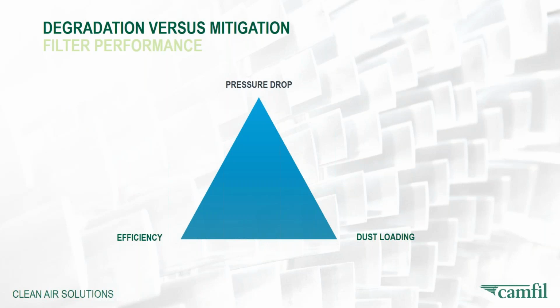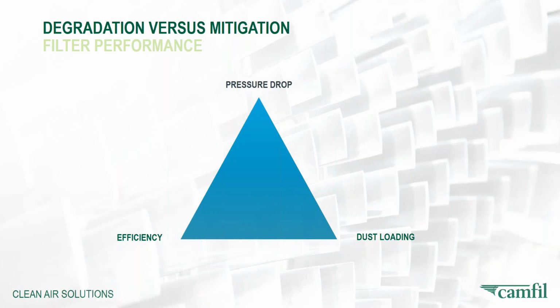So, to try to bring all these concepts together in a simple slide showing a pyramid or a triangle. With respect to filter performance, there are three key parameters we look at, and those three key parameters relate directly to the enemies I've just discussed.